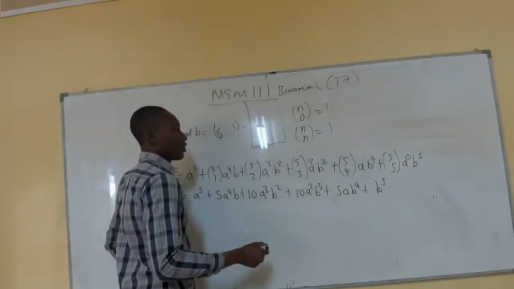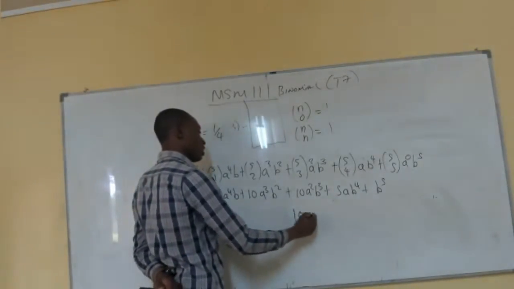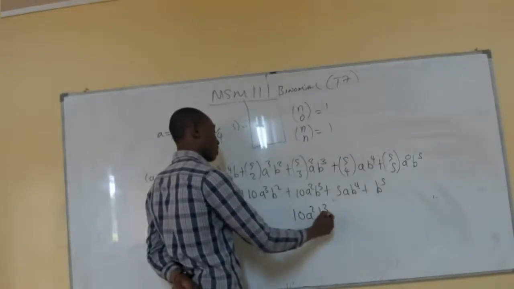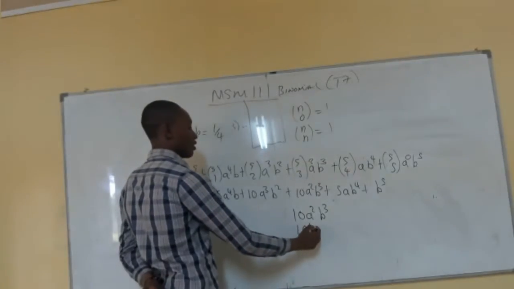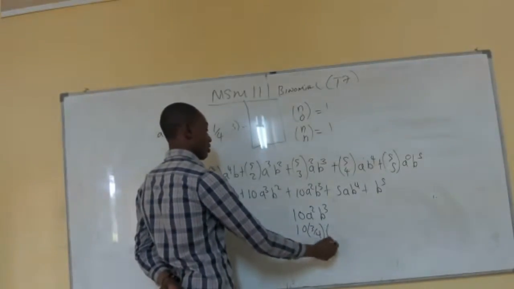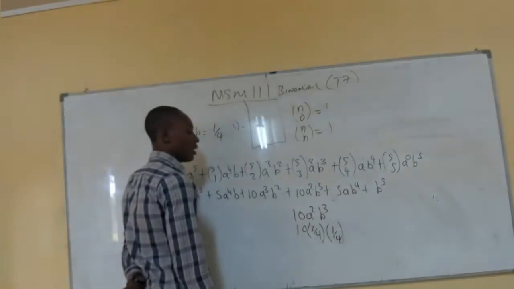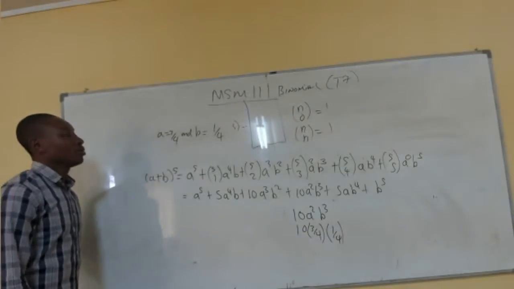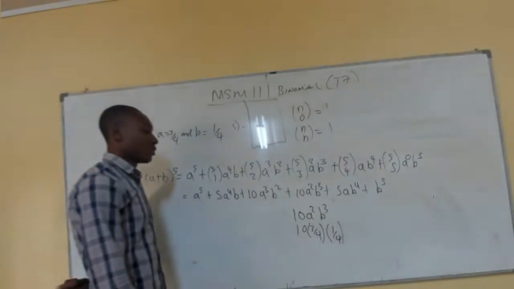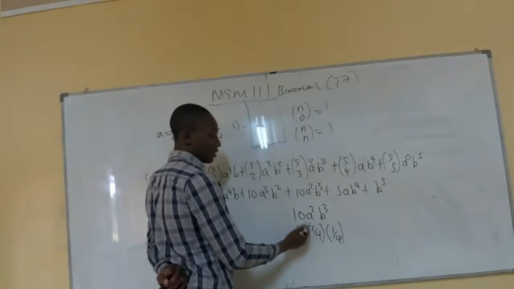Alright, so the fourth term, 1, 2, 3, 4, is 10 a squared b to the power 3. Then we've been told that a is 3 over 4 and b is 1 over 4. So we have 10 times (3 over 4) squared times (1 over 4) cubed.